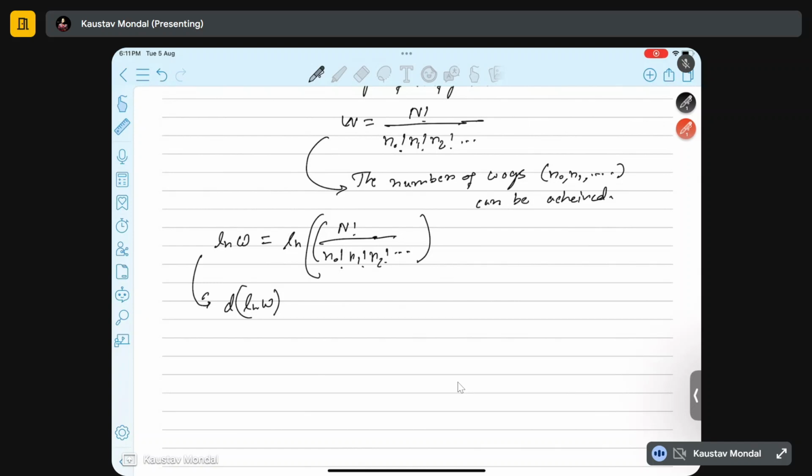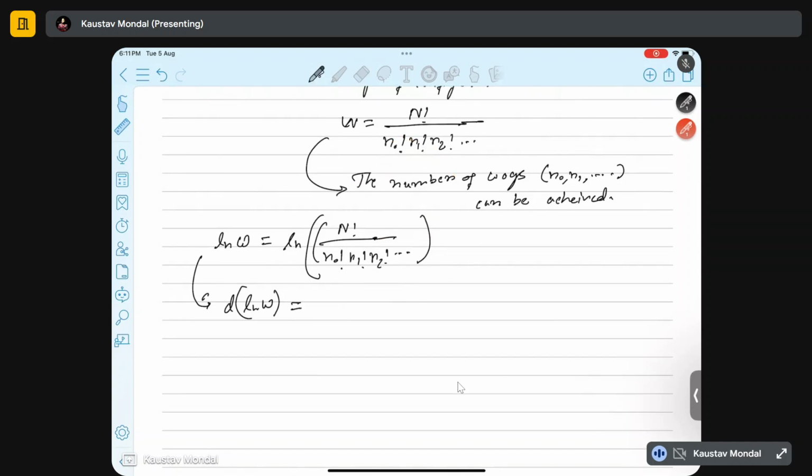After doing the derivative and imposing the constraints, the equation looks like this: alpha minus beta Ei dNi.